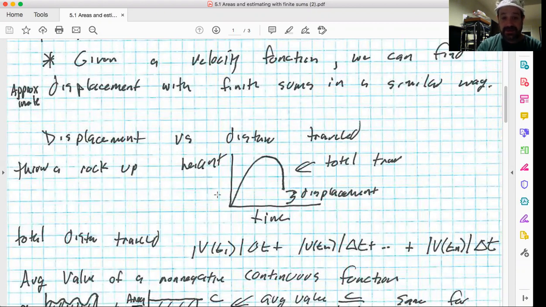Now, that's displacement. The total distance traveled, well, when it goes up, it has a specific amount of distance. When it's going down, it has a specific amount of distance. So the rock has really traveled whatever this distance is plus this distance at that time point, where the displacement is just the distance right here.